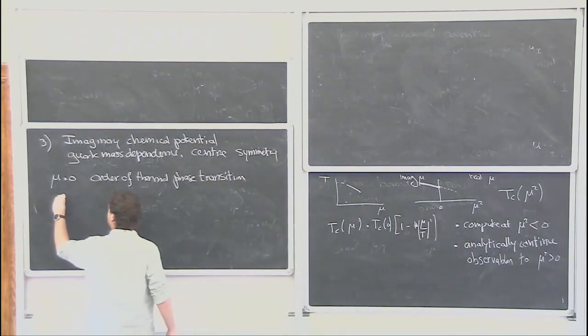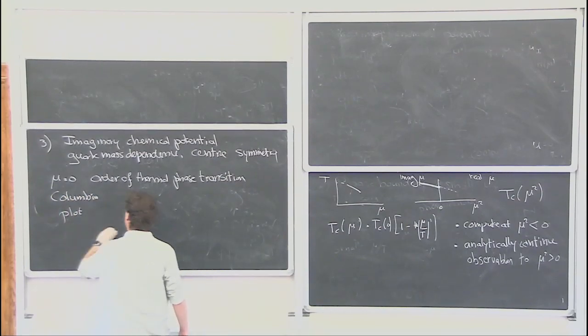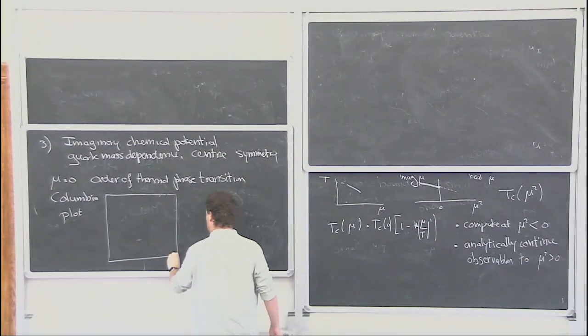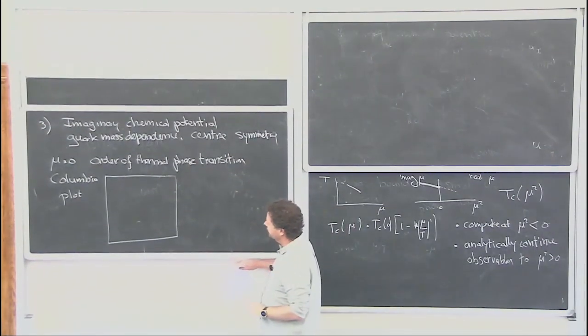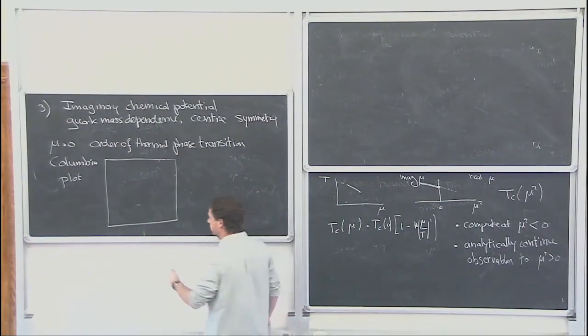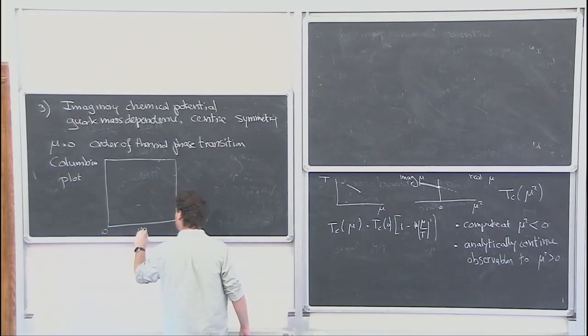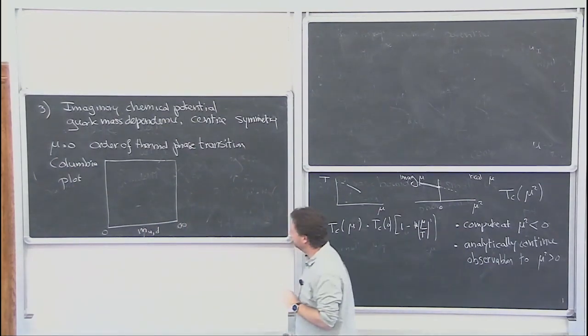And this is often plotted in something called the Columbia plot. So I'm going to draw this graph here. What's on the axis here is the quark masses. On the horizontal axis is the light quark mass, so up and down quark.